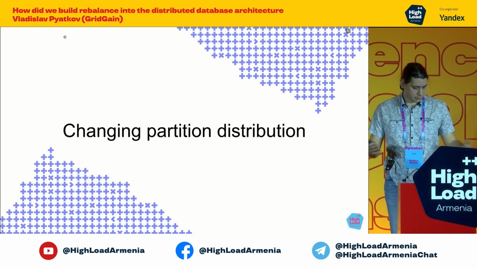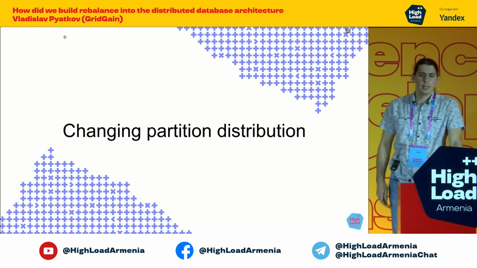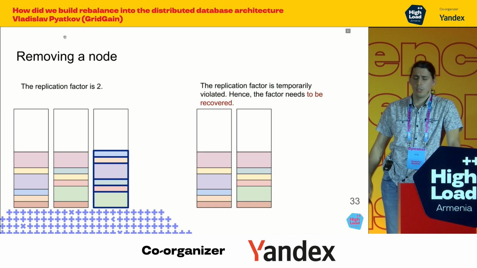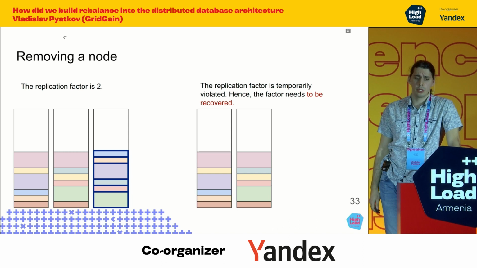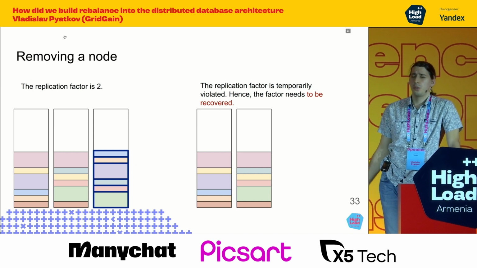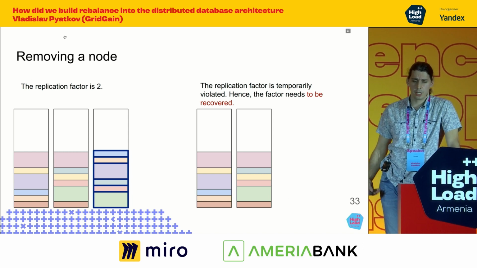And when we understand all of that, we are ready to move ahead and describe the behavior when the distribution changes. First of all, I will describe the triggers of changing distribution. The first trigger is removing a node from the topology. It can happen due to, for example, a hardware reason, when there is some trouble with the hardware and the node goes offline.